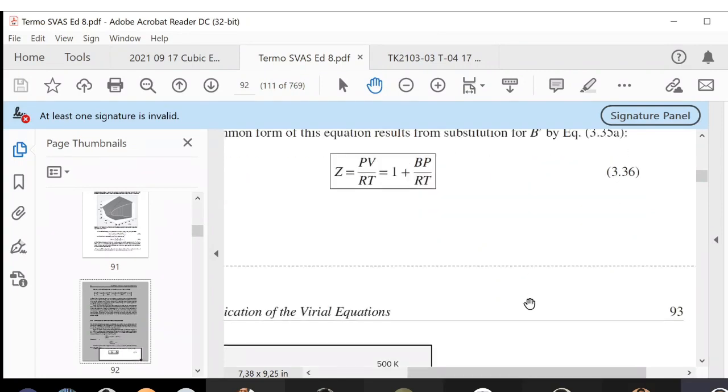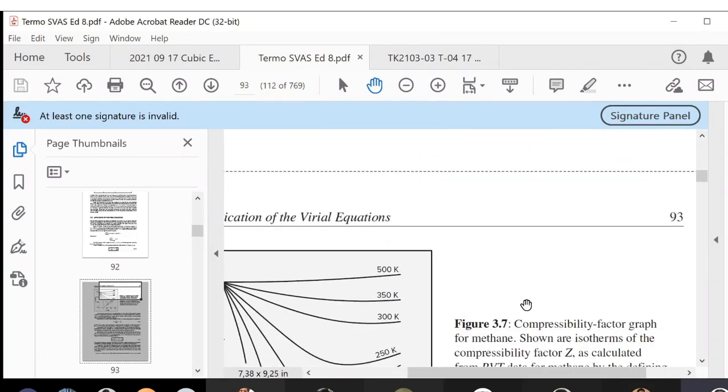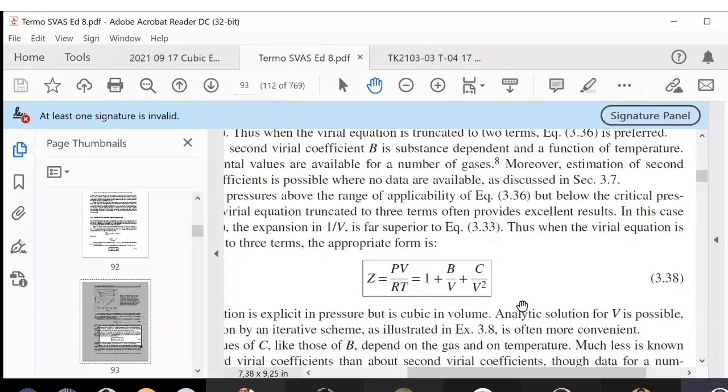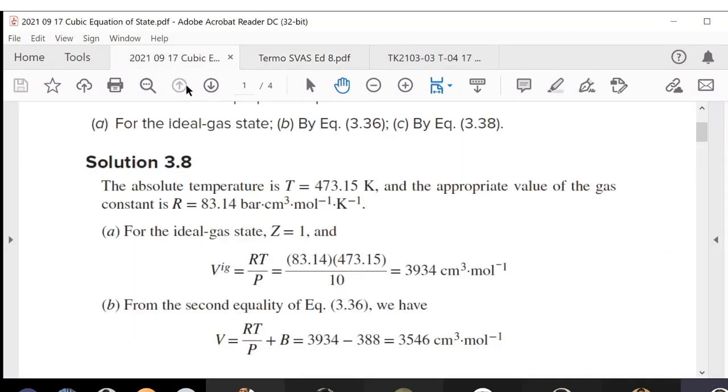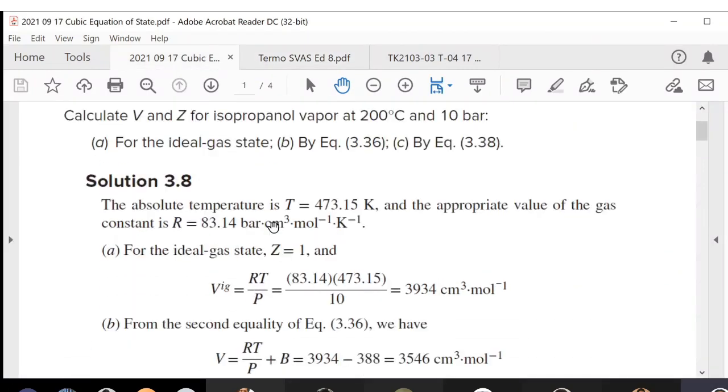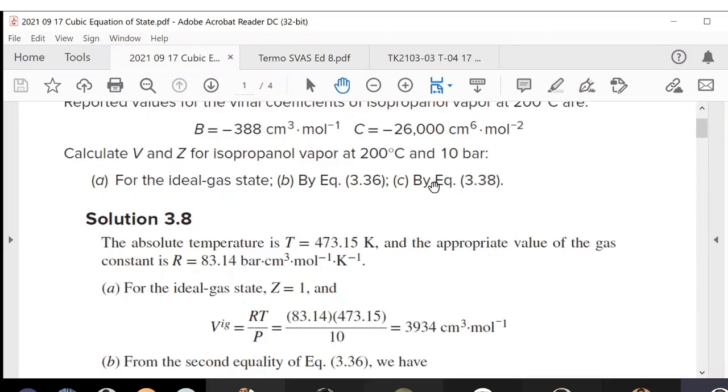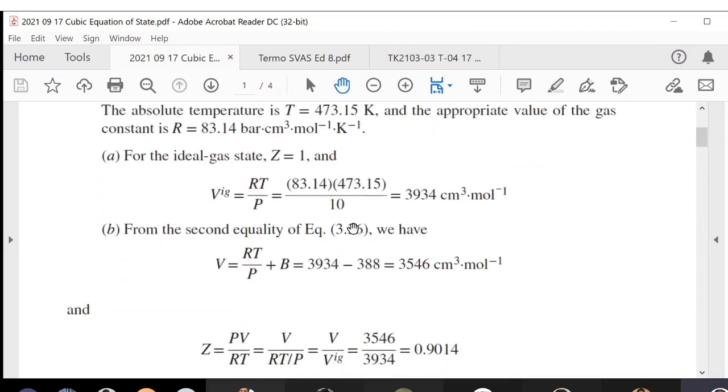Now 38, it is similar. 38, Z, PV over RT, is a function of volume. Okay, so we can make the equation a function of volume or a function of pressure. Then we need to calculate based on the pressure calculation and volume calculation.